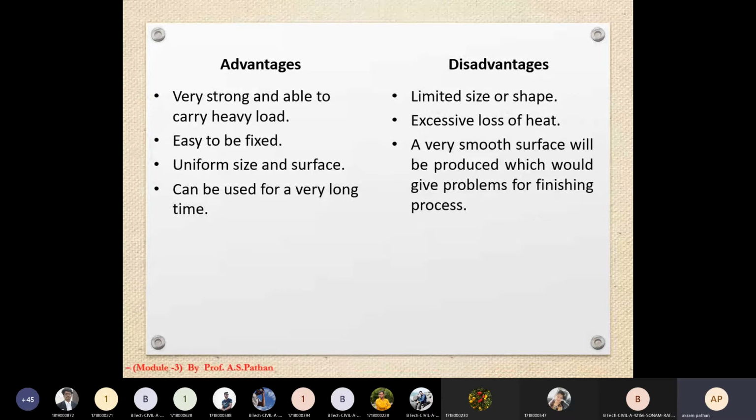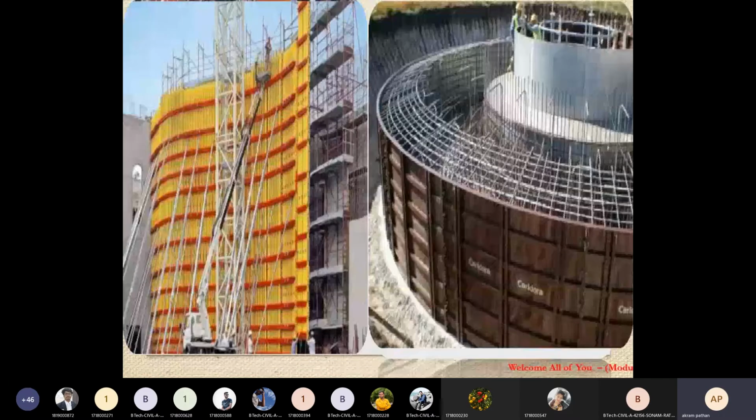That is the limitation. Then excessive loss of heat will occur, and the very smooth surface produced by the mold gives problems for the finishing process. So these are the disadvantages.